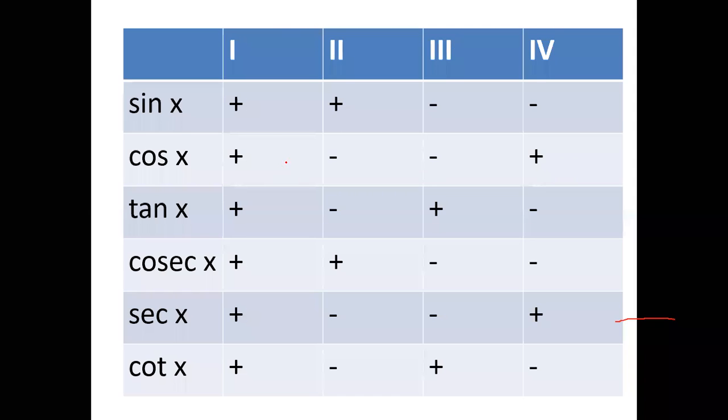In the second quadrant, sine and cosecant are positive. In the third quadrant, tan and cot are positive, and in the fourth quadrant, cos and secant are positive. Take a screenshot of this because you'll need it. Just make a note of this rule. Okay, fine, students. We'll move on. Have you taken the screenshot?